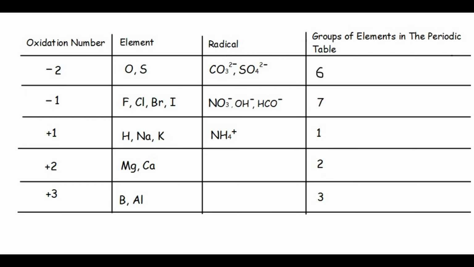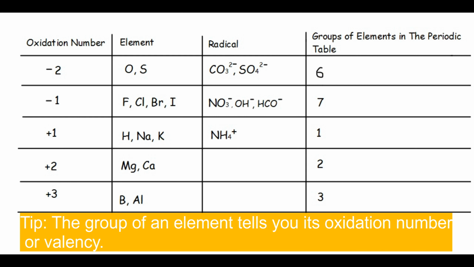So why did I add groups? Here is a tip. If you know the group of a family of elements, it will help you to determine the oxidation number or valency, which is very useful when writing formulas.